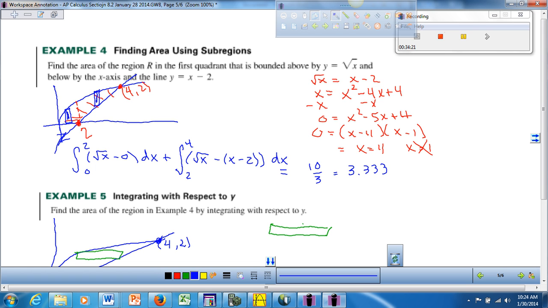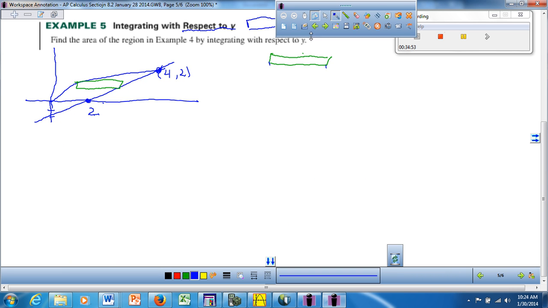So now we're going to do the same problem, but we are going to integrate with respect to y. What this means is that we are now dealing with horizontal rectangles, which I cannot draw in this room, instead of vertical rectangles. If I'm going to use horizontal rectangles, then I am no longer going to be doing top minus bottom to get the length.